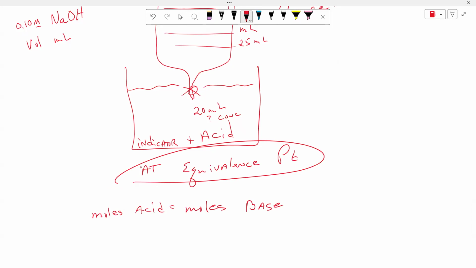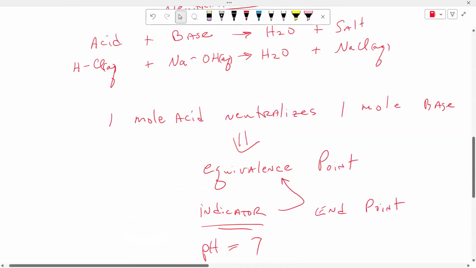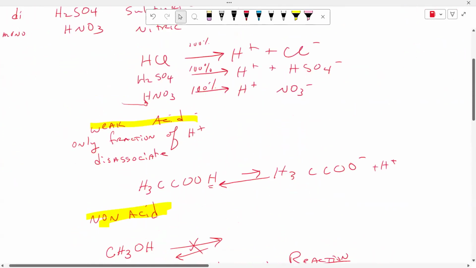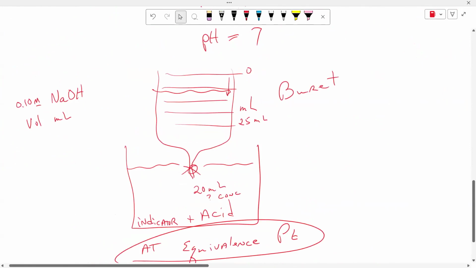Moles is concentration times volume equals moles. So there is that equation that we talked about yesterday.